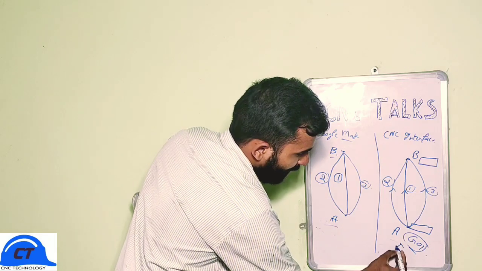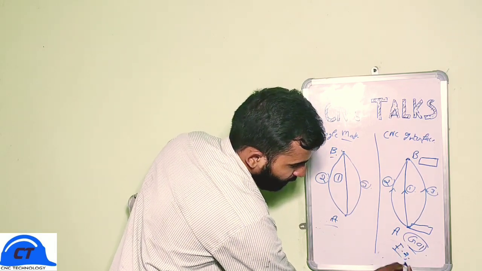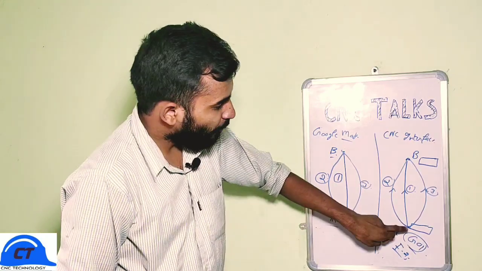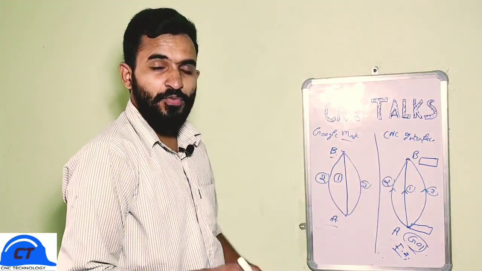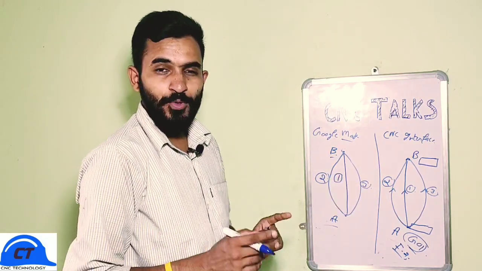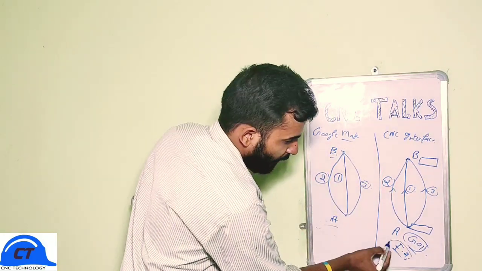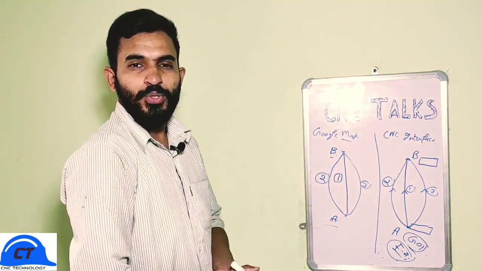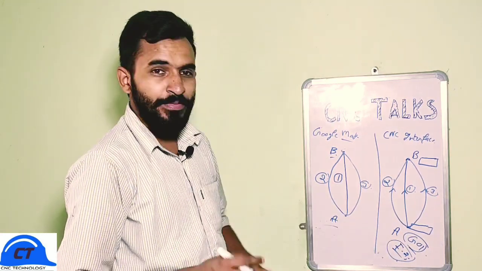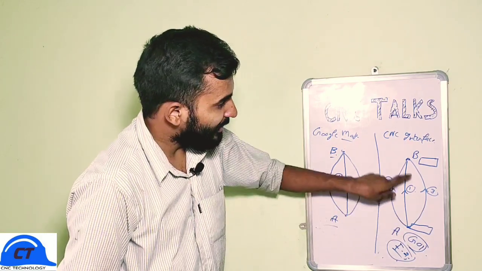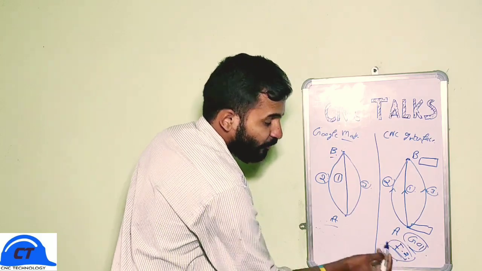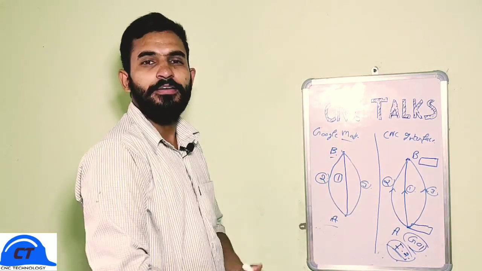So if I give F.2, in this case our tool will move from point A to point B following the straight line path number 1 and move with the feed rate of 0.2. So the main point is, while using G01, our tool will move from point A to point B in a straight line with the given feed rate in a controlled manner.